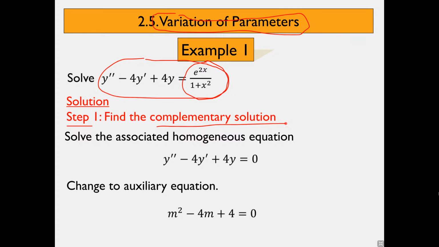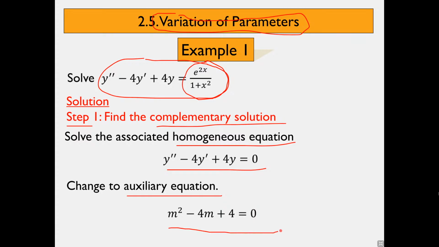For the complementary solution, you solve the homogeneous equation: y double dash minus 4y dash plus 4y equals 0. You create the auxiliary equation, m squared minus 4m plus 4 equals 0.